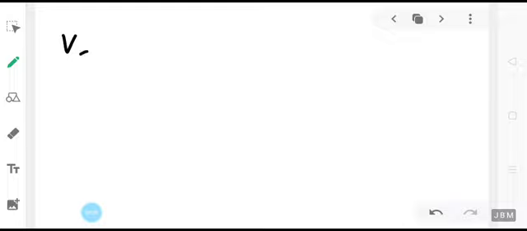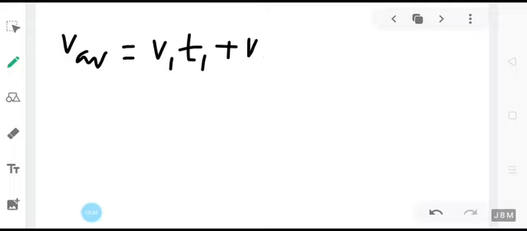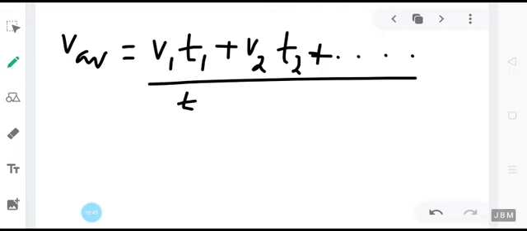So average speed will be given by v1 t1 plus v2 t2 divided by t1 plus t2 and so on.